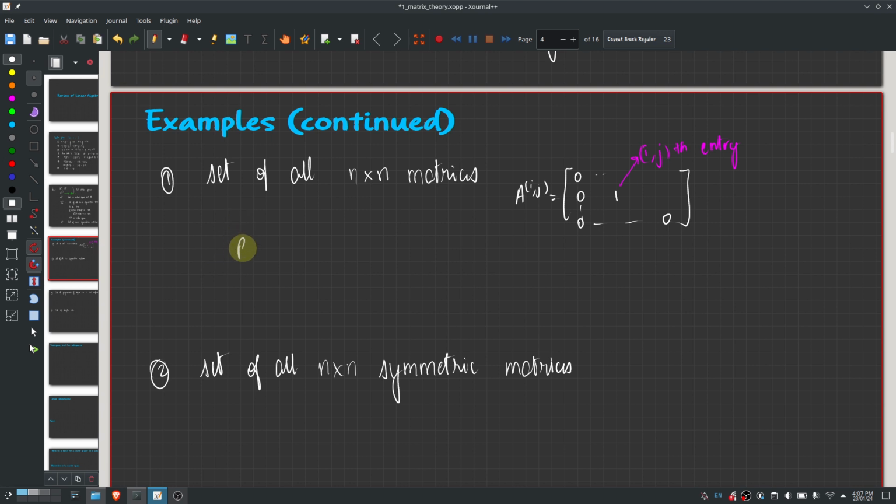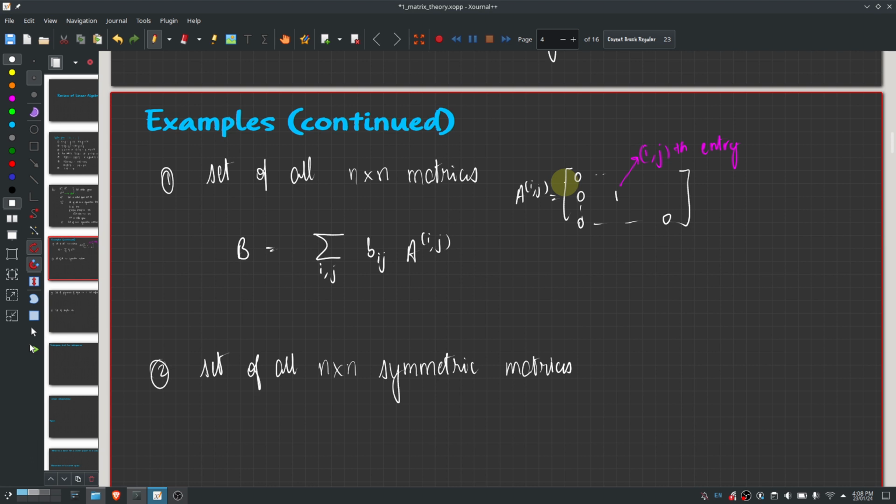So if I have any matrix B with entries Bij, then I can simply write this as the summation over i comma j of Bij times Ai comma j. Effectively, only the ijth entry being 1 for this particular matrix means that I can write any matrix as a linear combination of the ijth entry of that matrix times this matrix Aij.